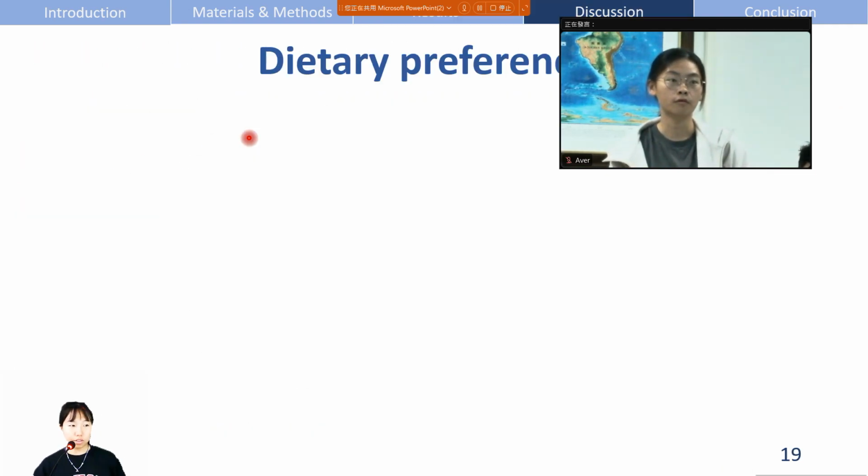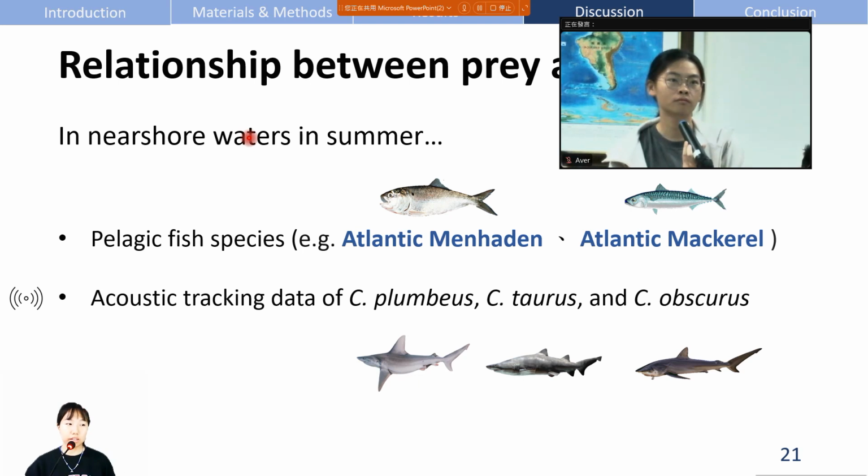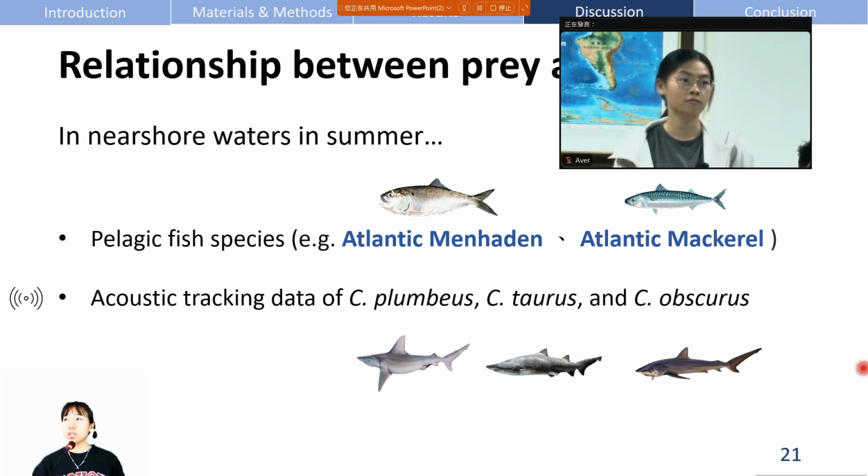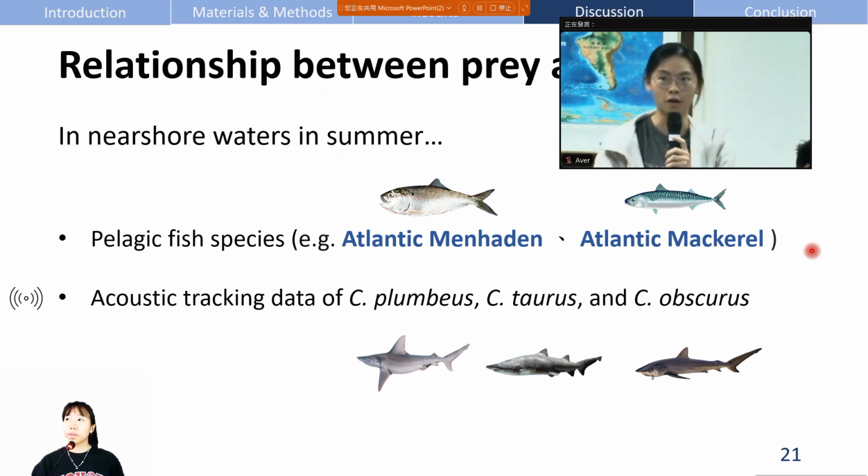Okay. So in this slide, they used the data from a past paper. They found that when these two kinds of species increase, the sharks also increase, but only in summer. These two species of fish are the dominant fishes in that area.